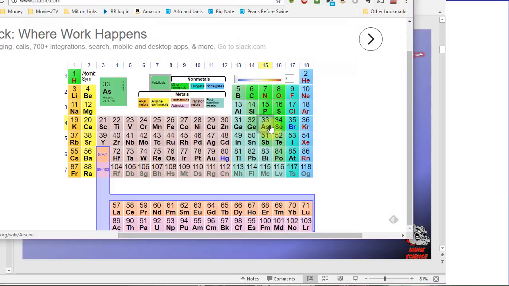Arsenic would be arsenide, selenium would be selenide, tellurium, telluride, iodine, iodide, bromide, chloride, fluoride. If astatine does it, it would probably be astatide, although I don't think you'll ever see that.